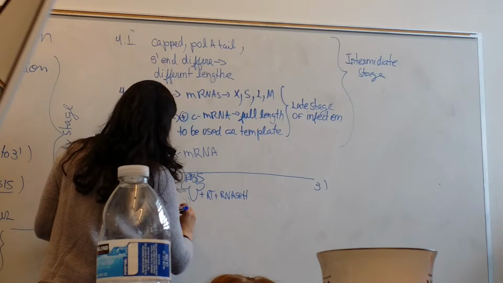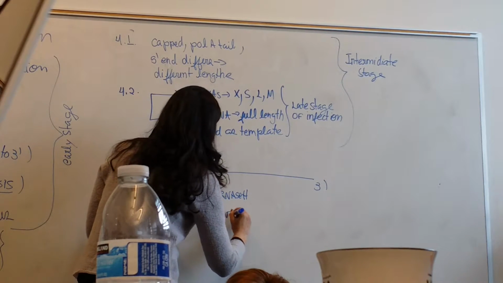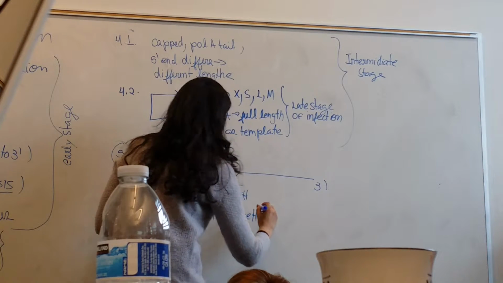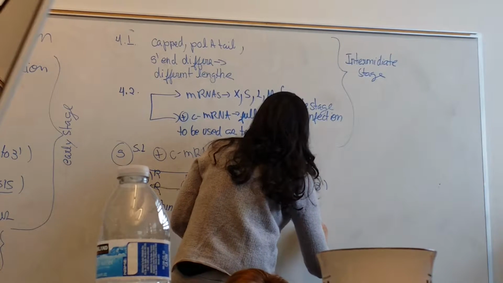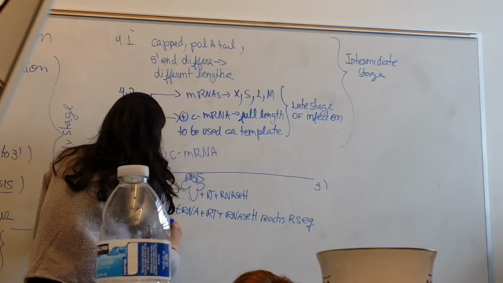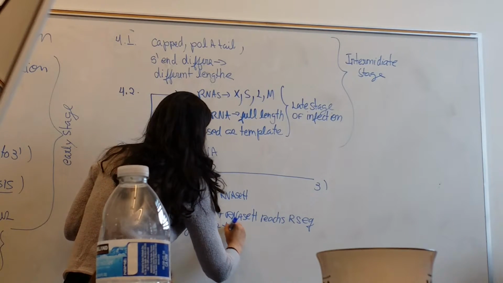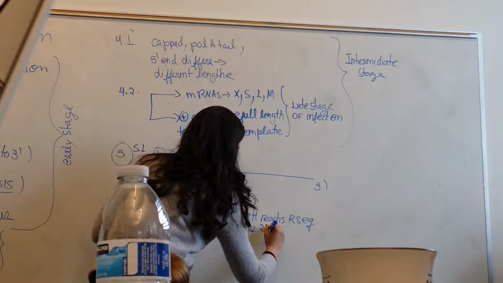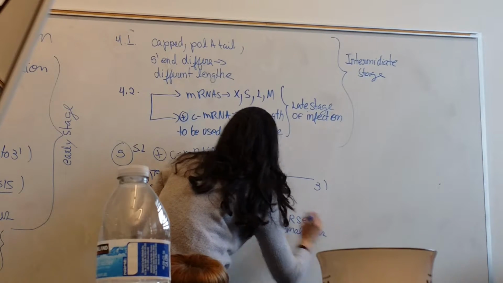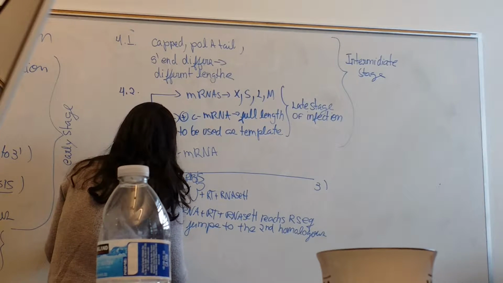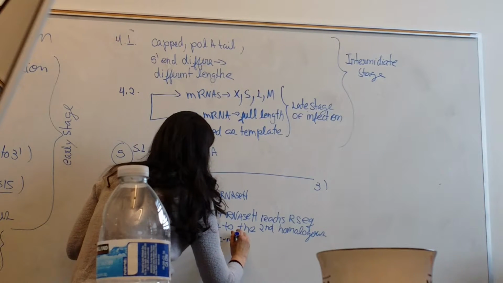When transfer RNA plus RT plus RNase H reaches the R sequence, it stops, and jumps to the second homologous R sequence on the positive C messenger RNA.